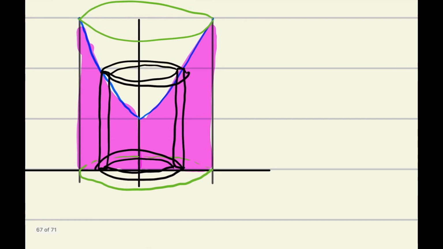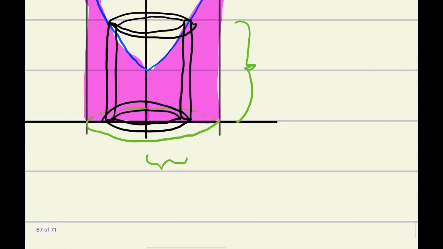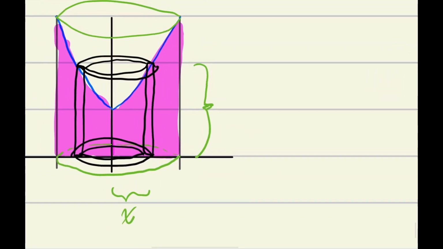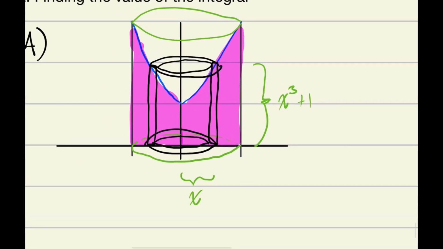So we want to find the height and the radius. Well, the radius would just be equal to x, and the height would be the function, which is x cubed plus 1. We can also see that the limits are just from 0 to 1.